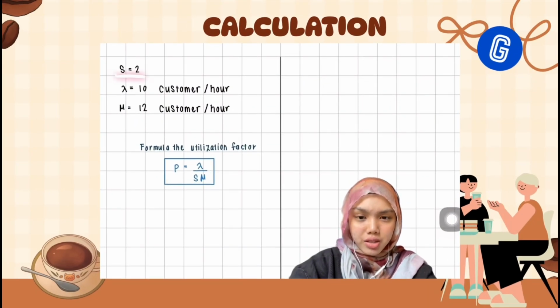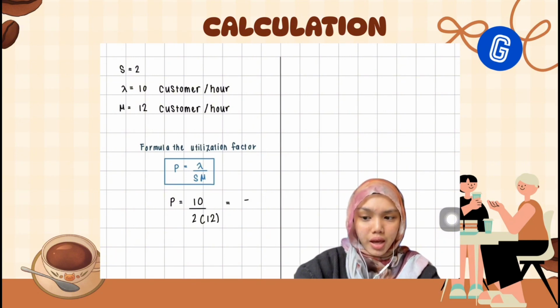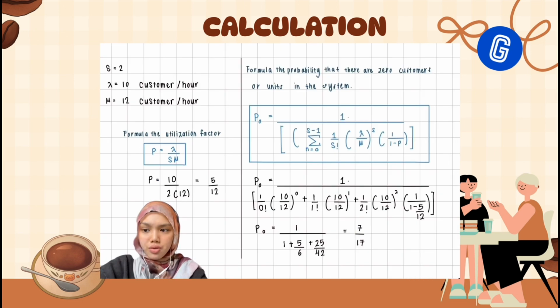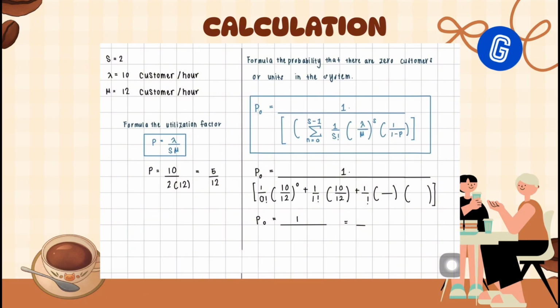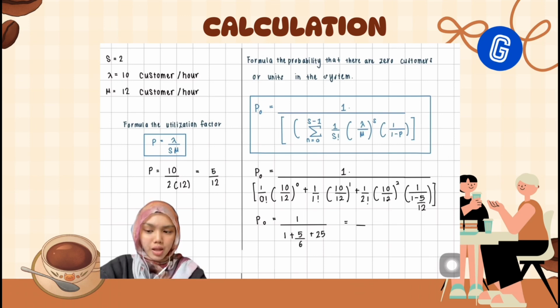Next, we now consider the system with 2 servers where S equals 2. First, we calculate the utilization factor by using the formula and substitute, and we get 5 over 12. Using the formula, the probability that there are 0 customers in the system, P0, and we substitute, and we get 7 over 17.